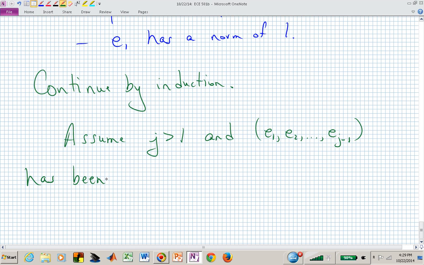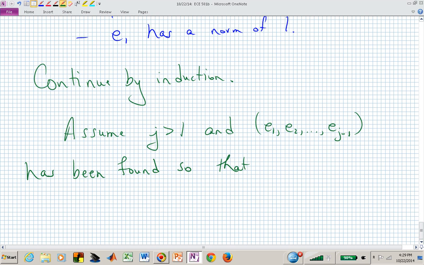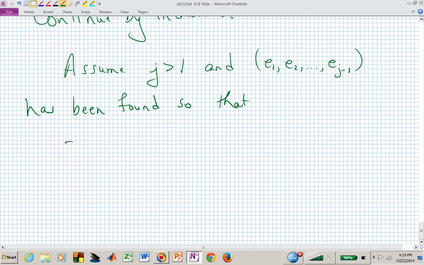This is the inductive step. So that the span of v1, v2, up to v sub j minus 1 is equal to the span of e1, e2, up to e sub j minus 1.